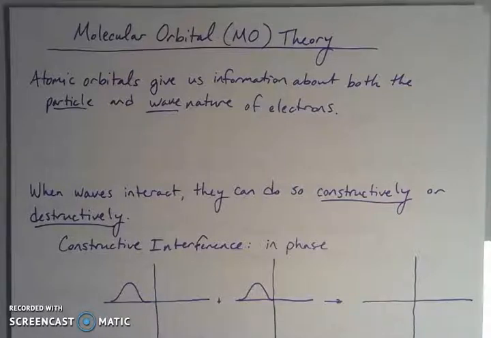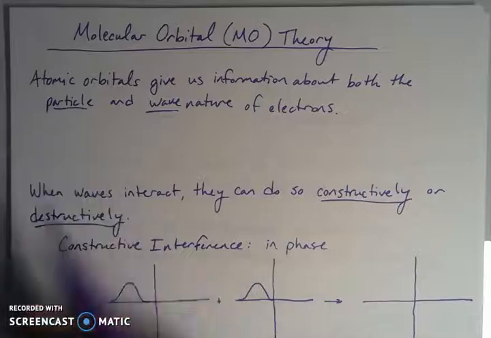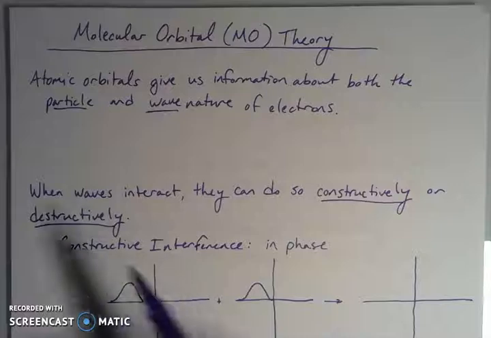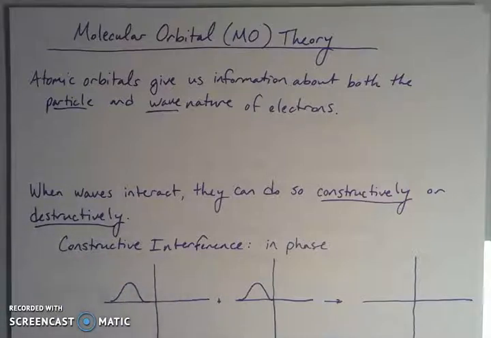So recall that electrons, in a simplified view, act as both particles, meaning that they have mass and they occupy space, and waves, meaning that they have energy associated with them. So when we talk about atomic orbitals, we're talking about three-dimensional mathematically derived regions of space where that electron most probably will be.